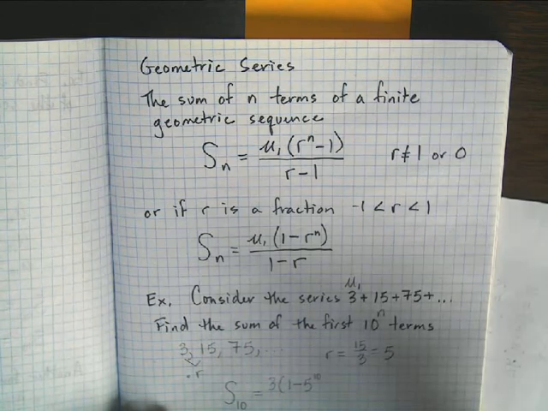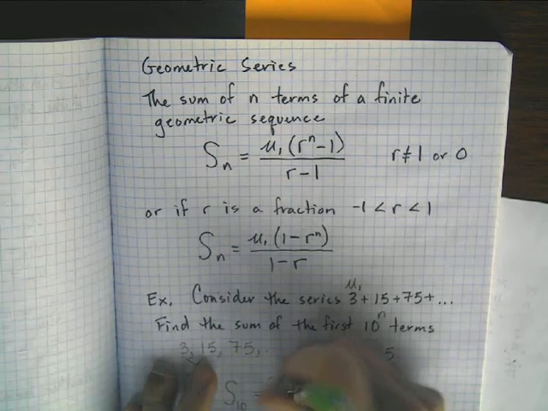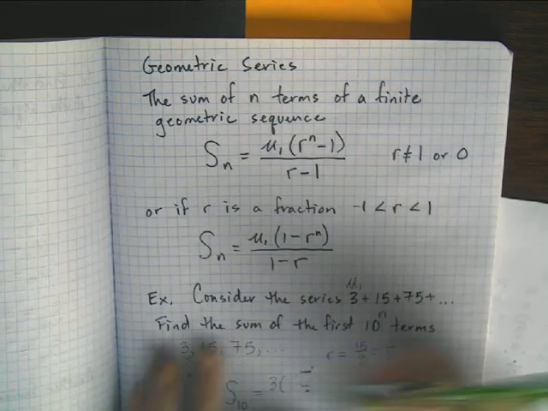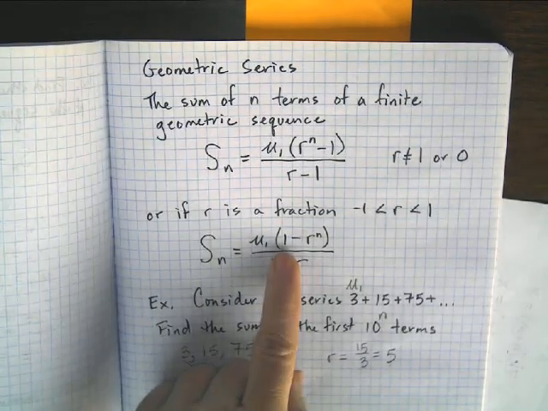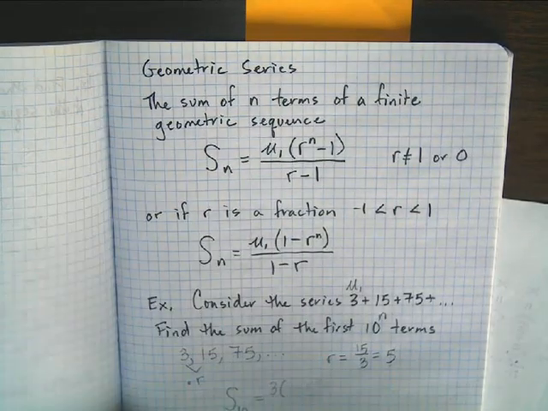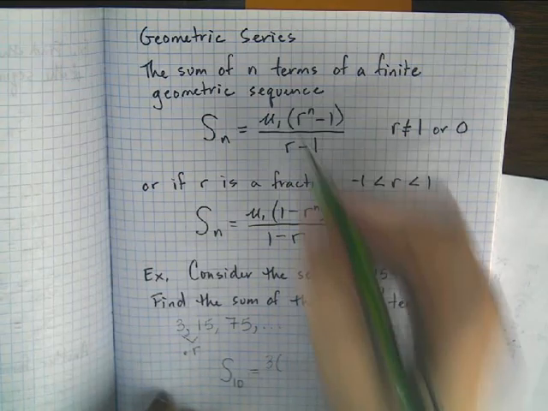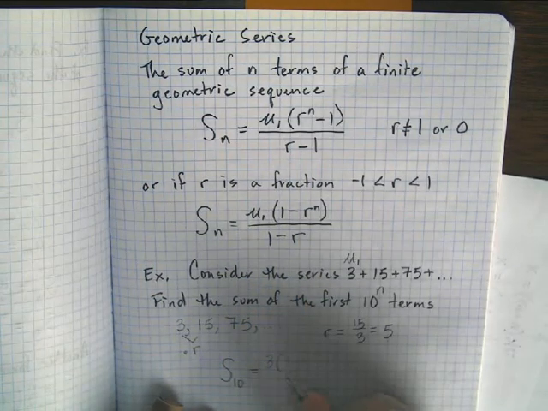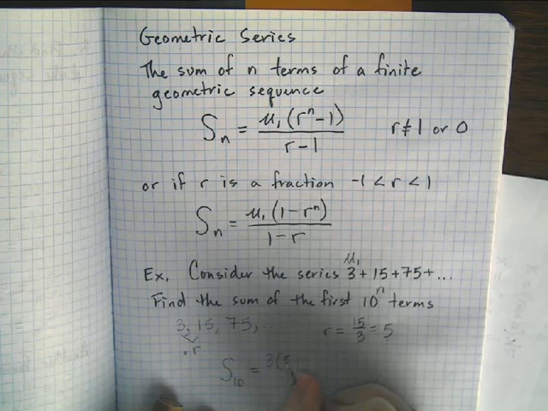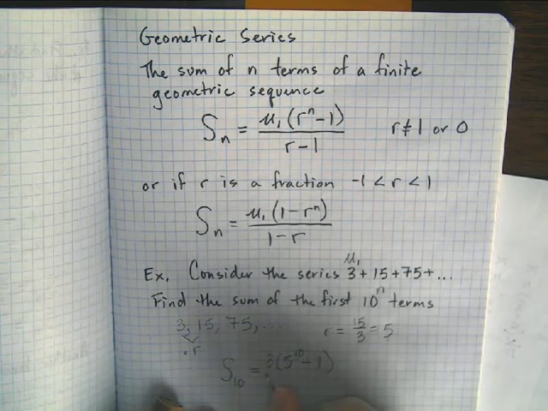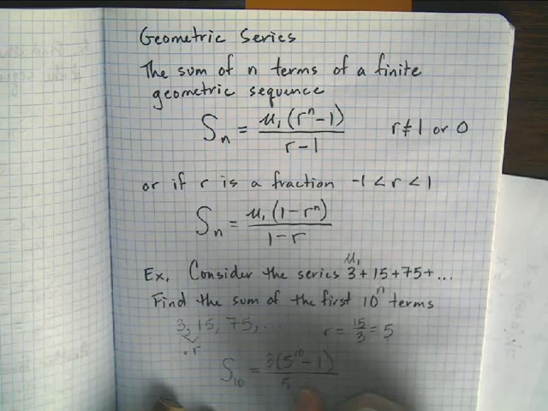Oh, I'm using the one for fractions. Oops, stop. Sorry. I could use either one, it doesn't matter. You're going to get the same answer either way, but let's go ahead and use the one that's meant for whole numbers. Okay, so where was I again? 5 to the 10th minus 1 over 5 minus 1.